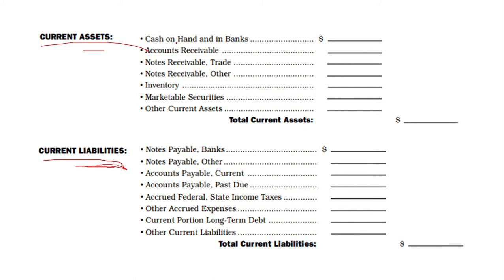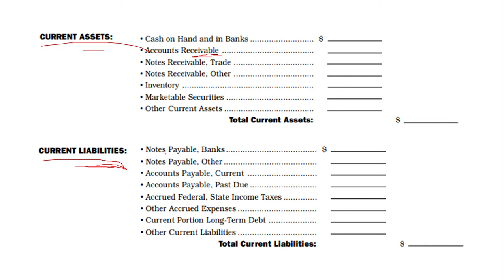Current assets are cash on hand or in the banks. Accounts receivable is what we are going to get from our customers. Notes receivable from trade, inventory, marketable securities and other assets come in current assets.